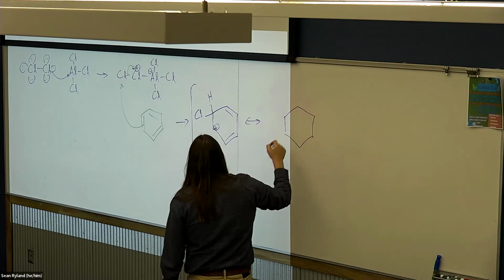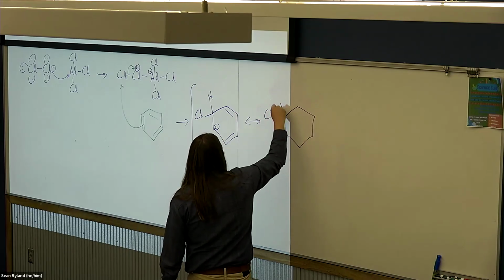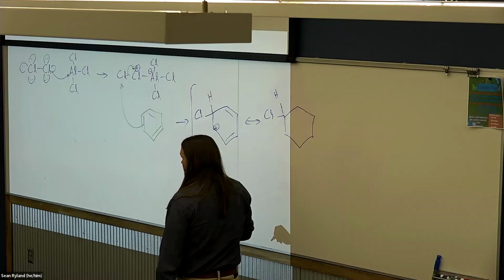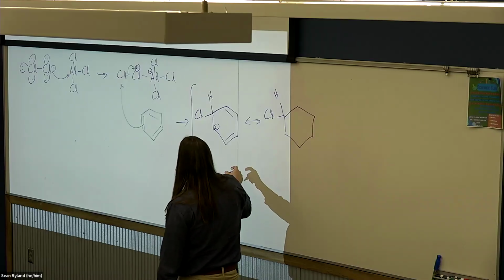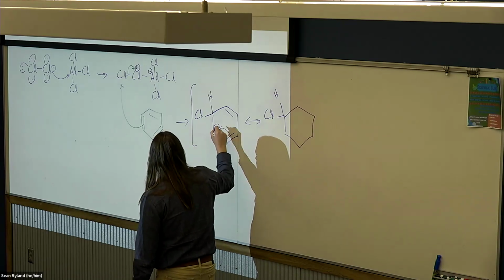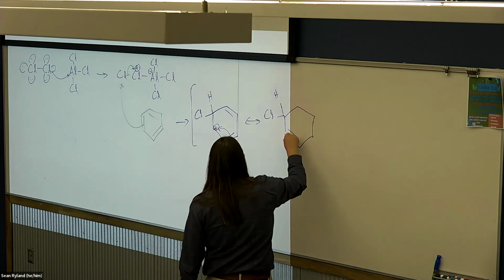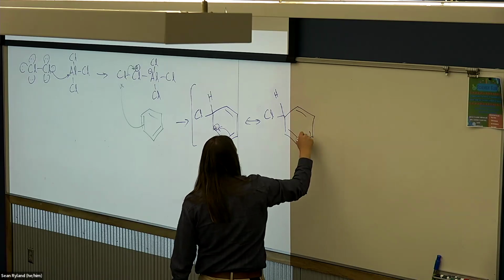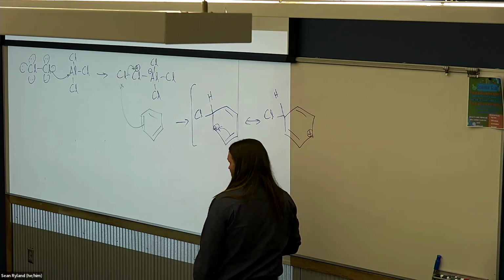So our rules for resonance structures is no sigma bonds can move. And you can't move electrons towards a full octet. But we can do that, which leaves a positive charge here.